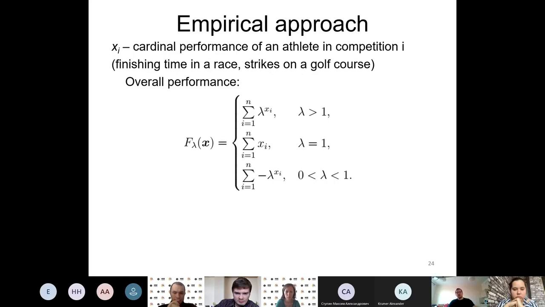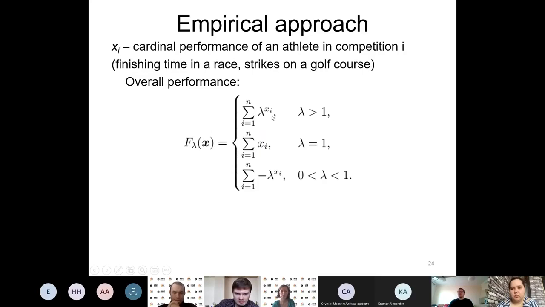So here we use a well-known class of aggregation functions from the theory of aggregation functions. We denote it f_lambda of vector x. For instance, with parameter lambda equal 1, it's just the sum of cardinal performances. So the overall performance of a candidate can be just the sum of his cardinal performances over all races.